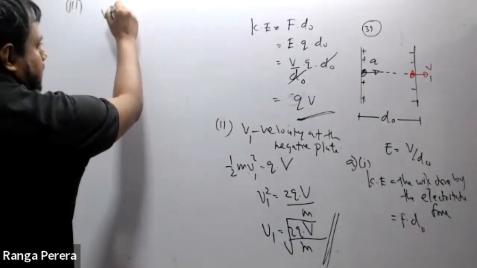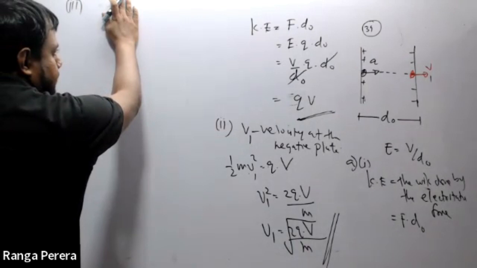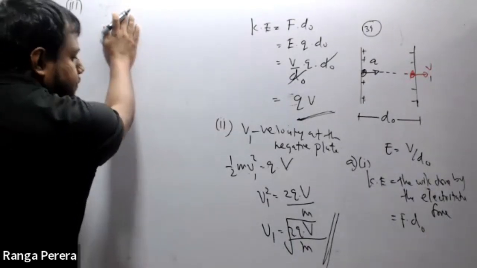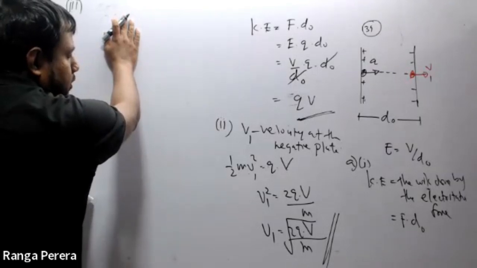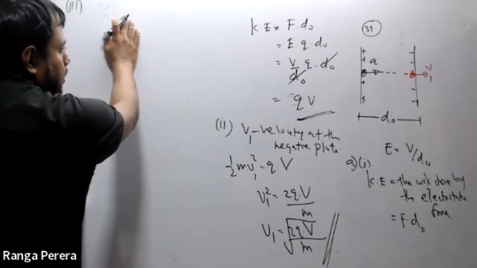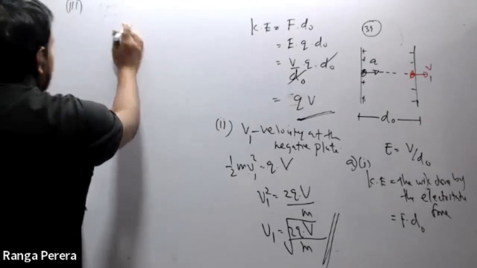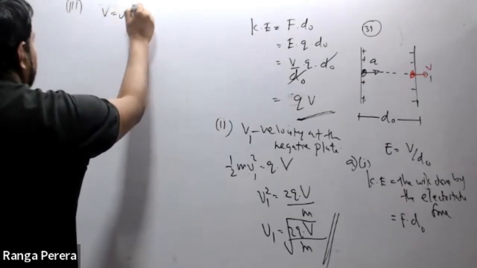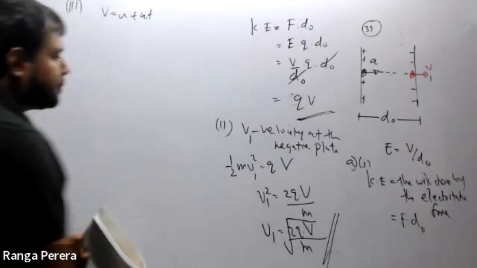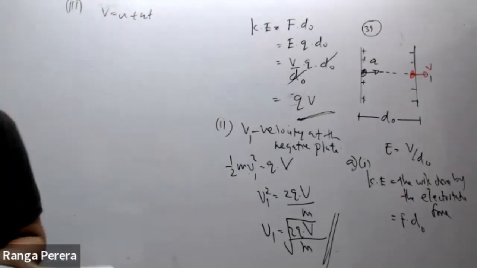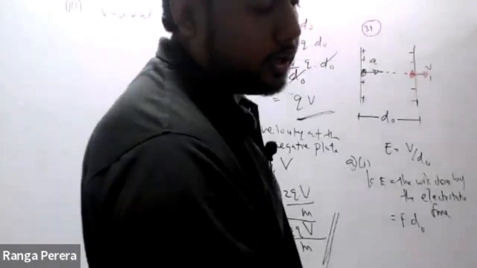What is the equation we can apply? We can apply V equals U plus a t. Check whether you got the idea.